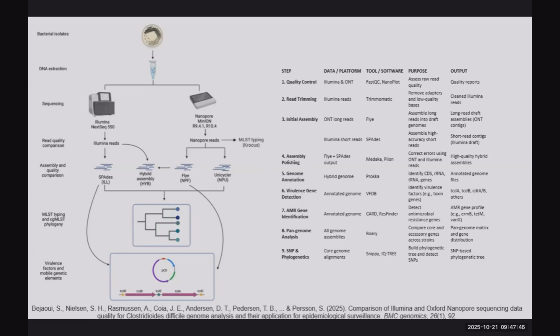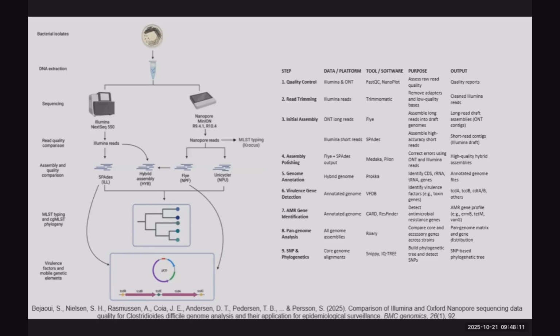The process began with bacterial isolate followed by DNA extraction and sequence on two platforms, Illumina short reads and nanopore MinION long reads. The Illumina data are assembled using SPAdes, the nanopore data with Flye or Unicycler, and both are combined in hybrid assemble approach.